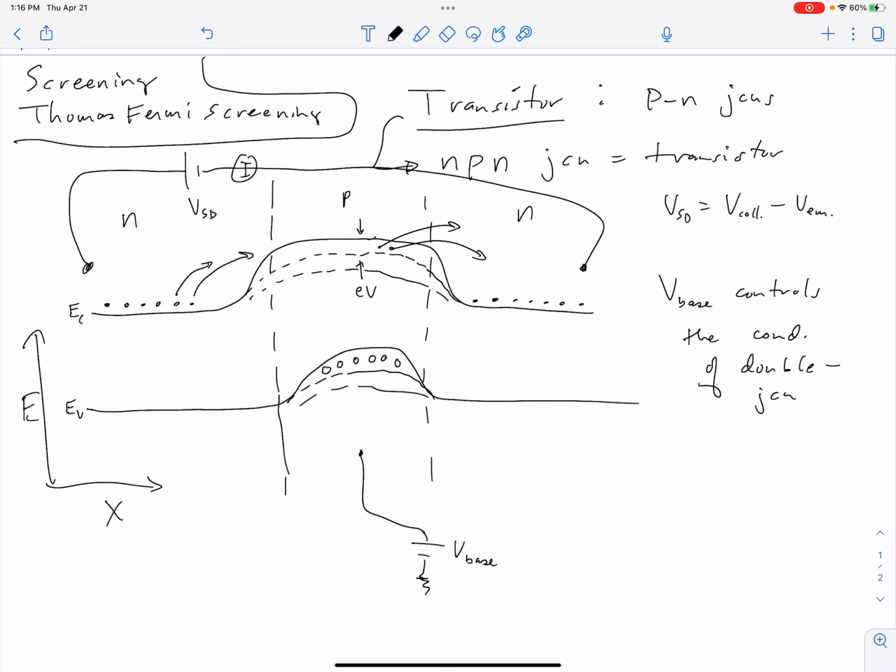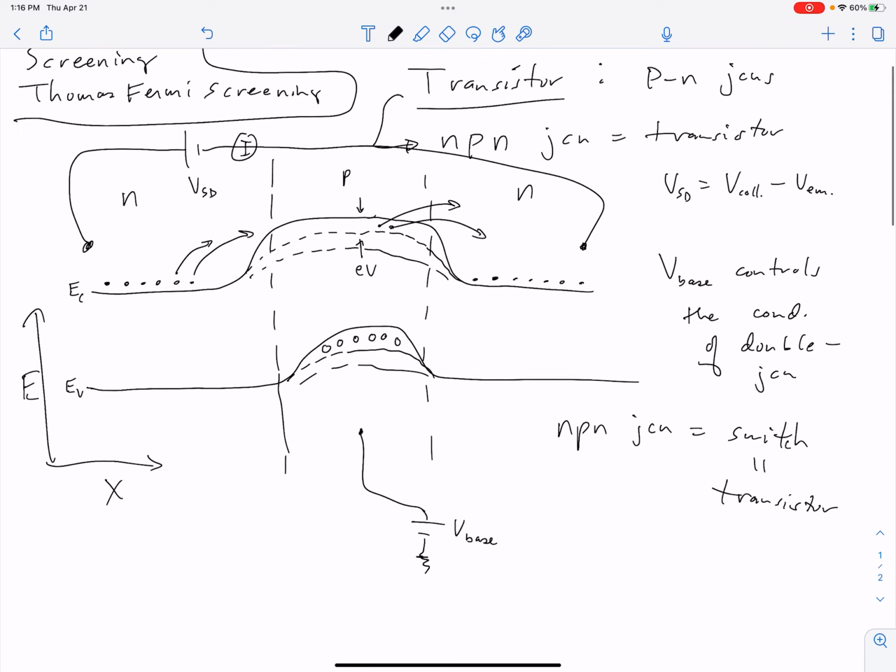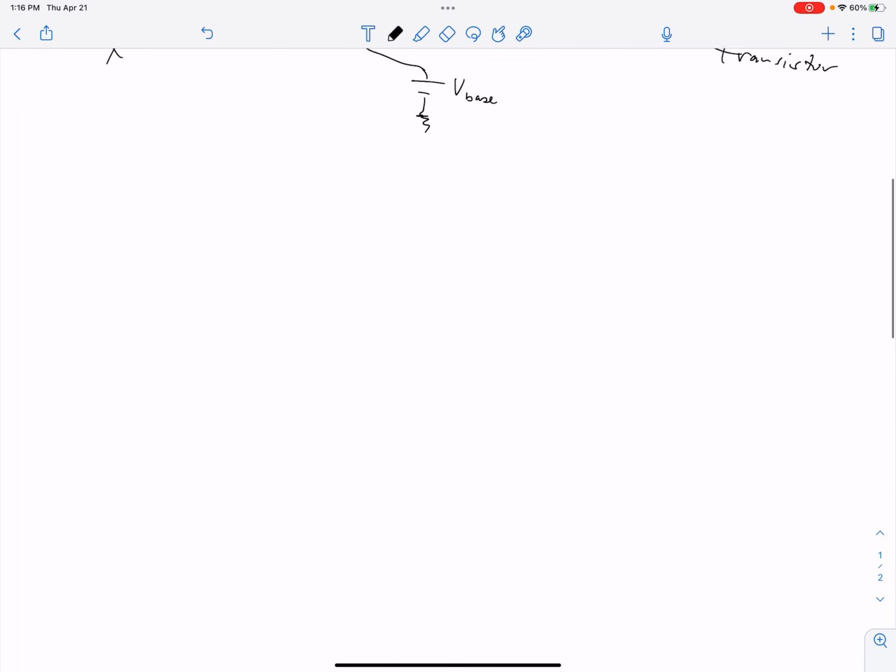So you can see how this NPN junction equals a switch. That is the whole point of a transistor: it's a little electrical switch. Okay, enough about that. I felt we had to talk about that for at least one moment to finish off the discussion of p-n junctions.